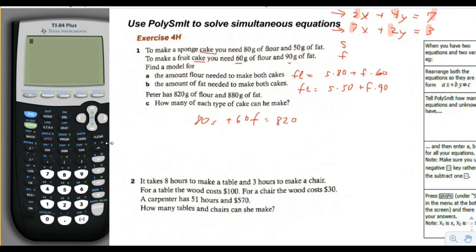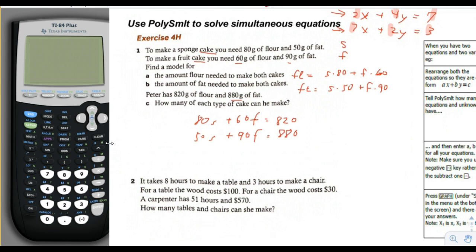For the second equation, we put 880 grams instead of FT. We have 50s plus 90f is equal to 880.